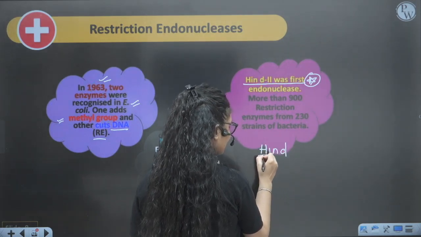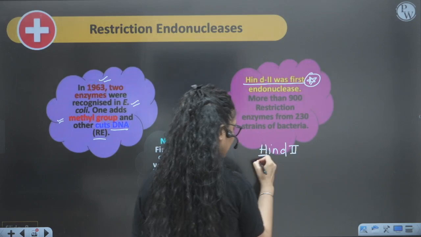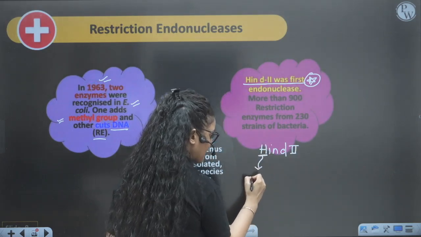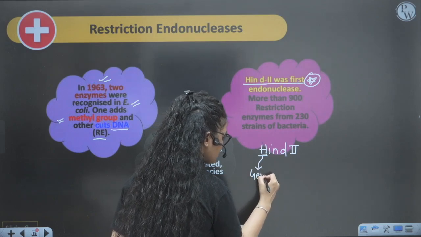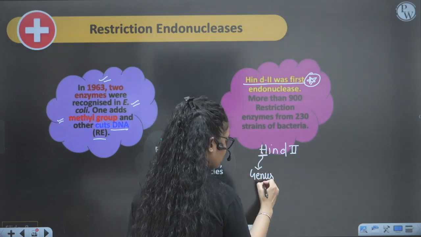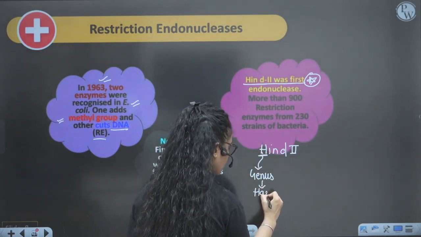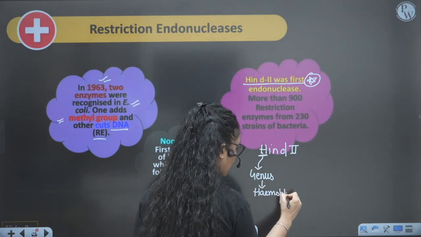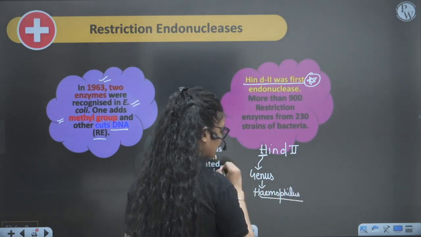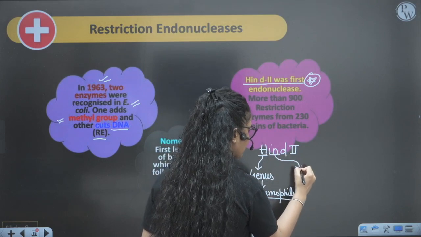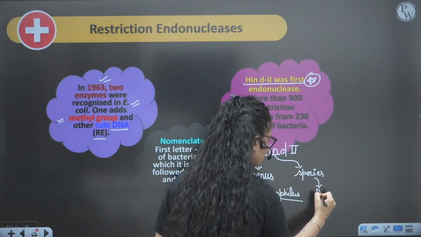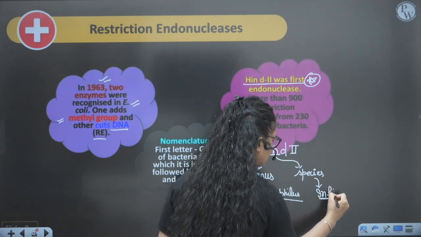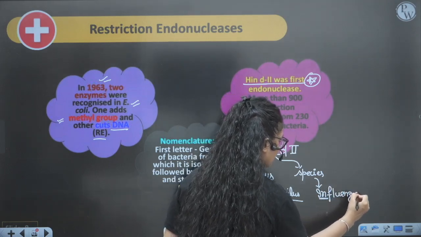The first letter of any restriction enzyme comes from its genus. So the first letter represents the genus Haemophilus. We have taken it out from the Haemophilus bacteria. IN represents the species, that means influenza, from the influenza bacteria, right?